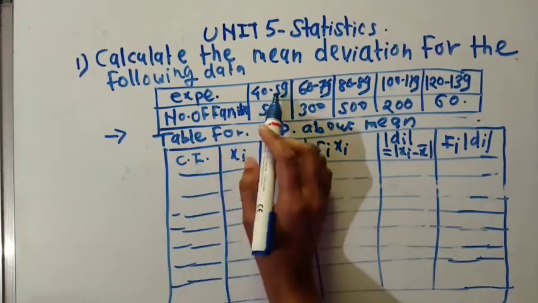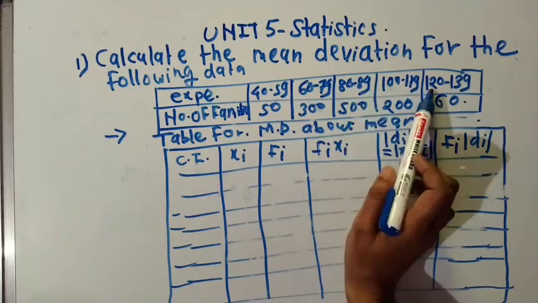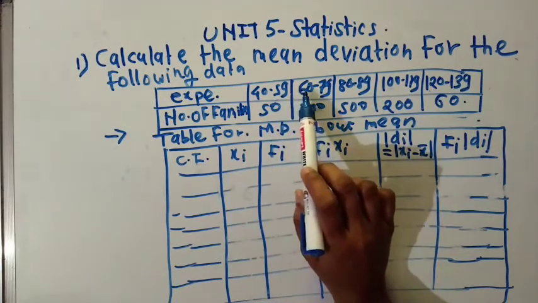Then the class intervals are discontinuous. 40 to 59.